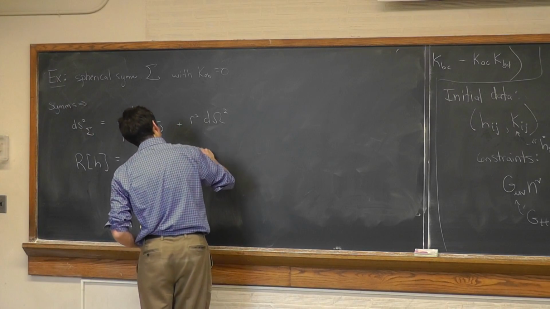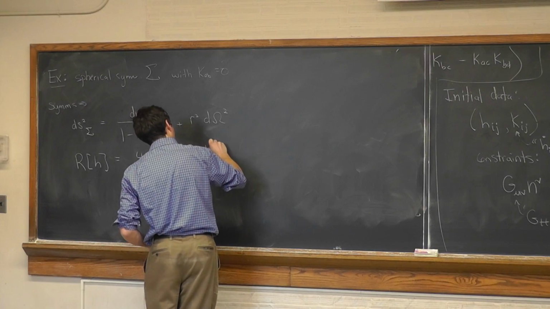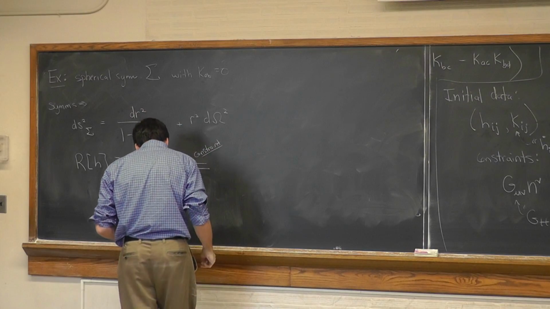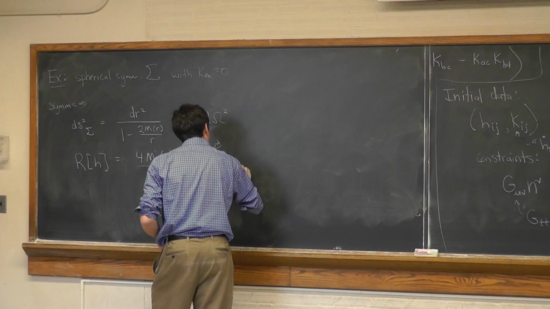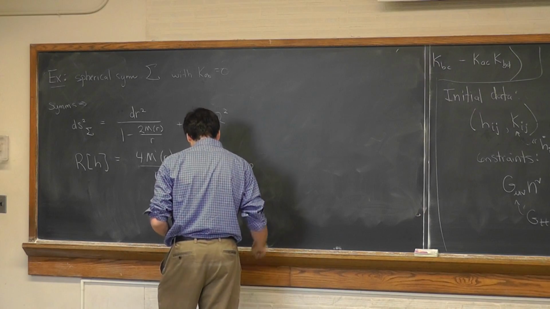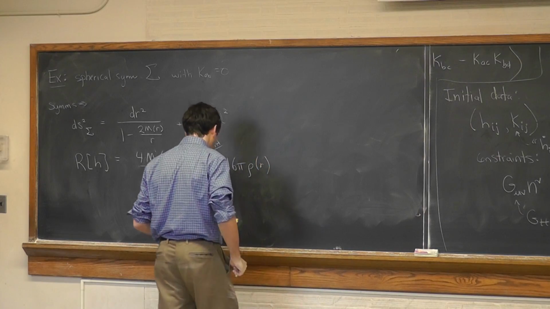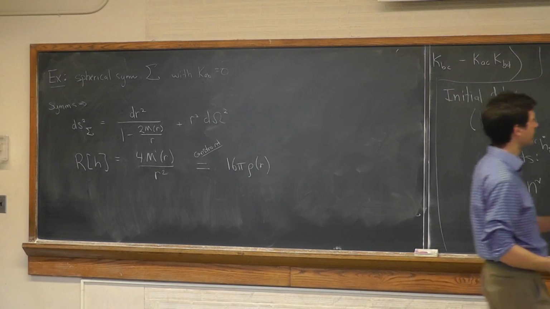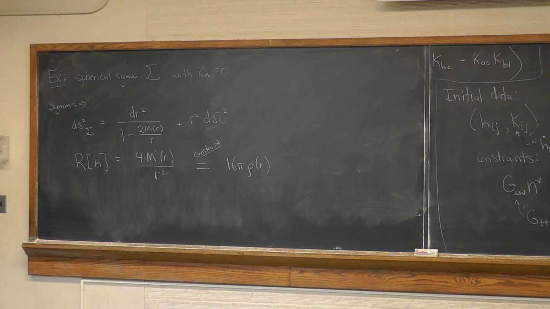And then the constraint equation is that we set this equal to 16 pi rho of r. So that's this equation here. So we assumed that K was 0, and then we should set the induced curvature to 16 pi rho.